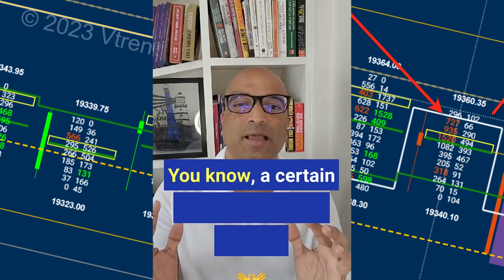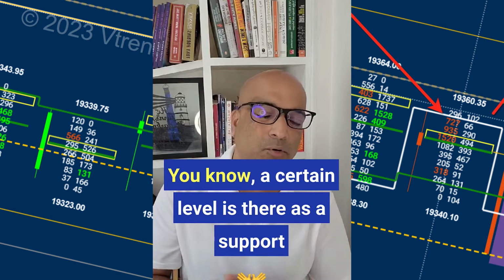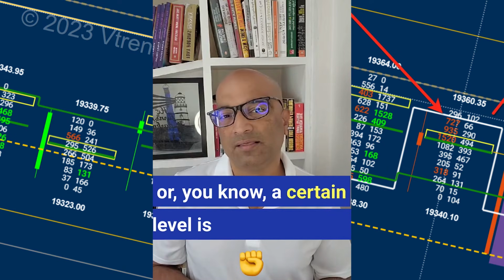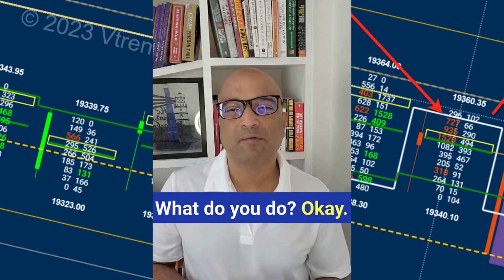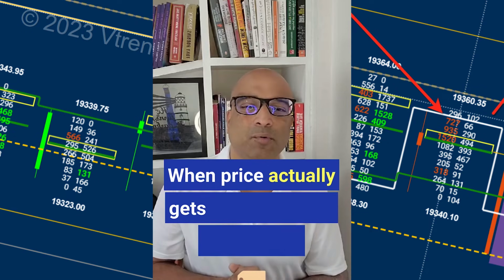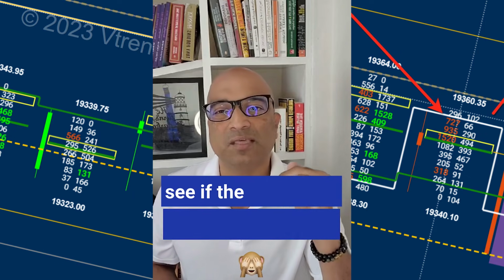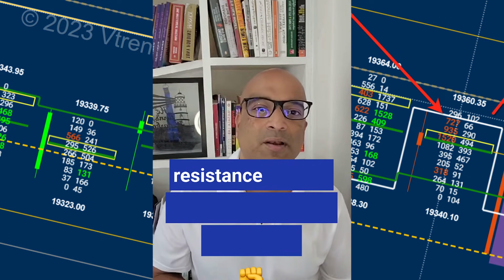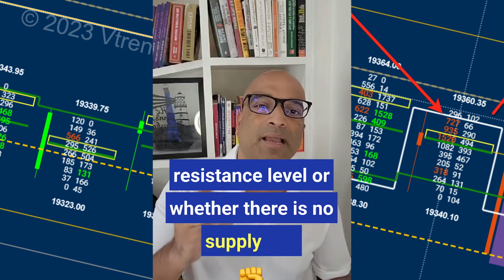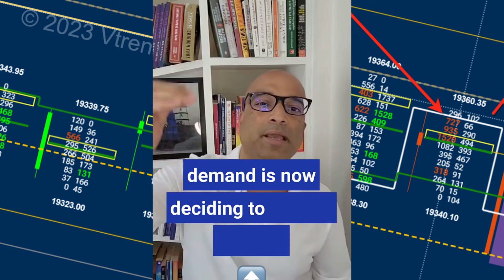You know, a certain level is there as a support, or a certain level is a resistance. What do you do when price actually gets over there? Are you looking at the demand and supply real time to see if the sellers are coming back at that resistance level, or whether there is no supply and demand is now deciding to take it up further?